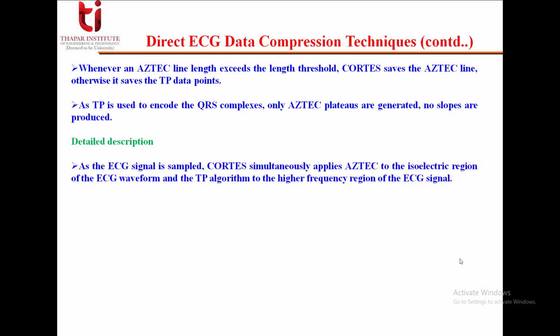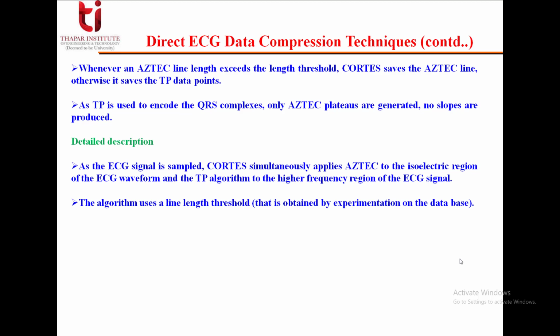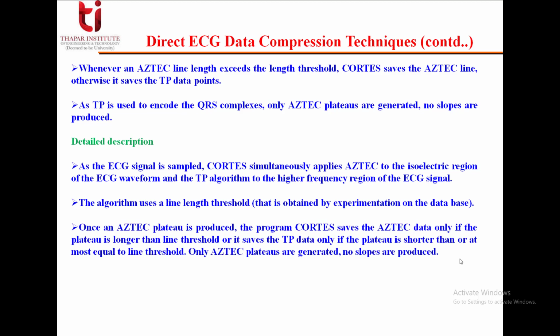As the ECG signal is sampled, CORTES simultaneously applies AZTEC to the isoelectric region of the ECG waveform and the TP algorithm to the higher frequency region of the ECG signal. The algorithm uses a line length threshold which is obtained by experimentation on the database.